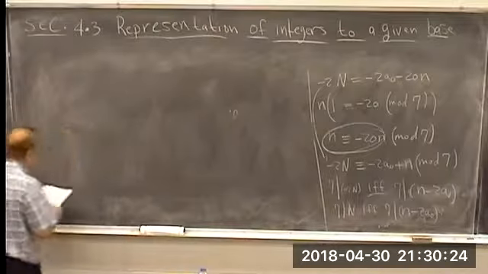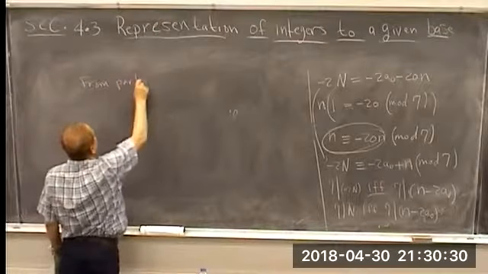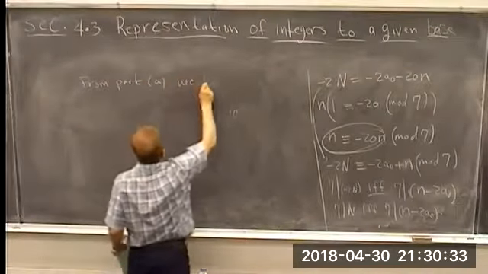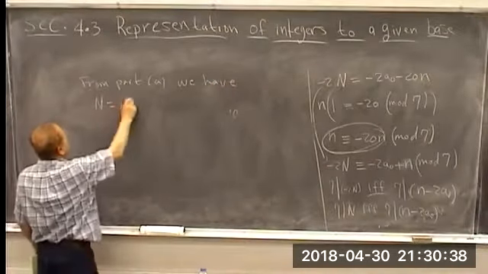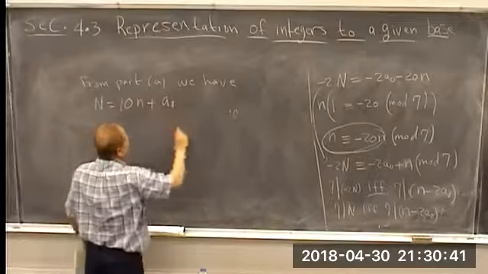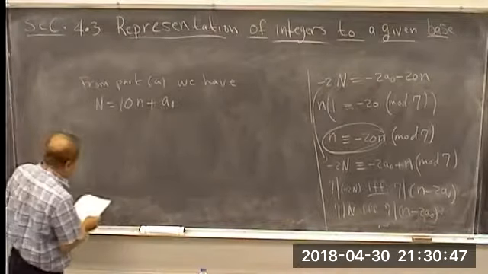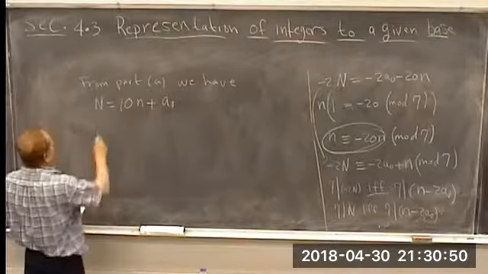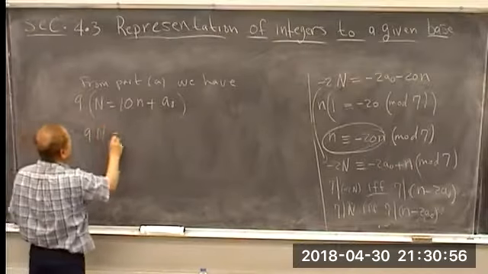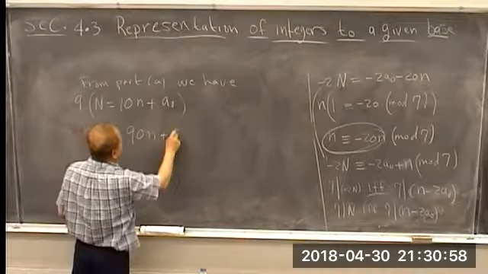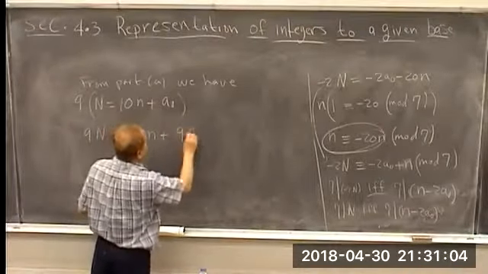So from part A, we have n is equal to 10 little n plus a_0. Now this is the congruence that I will actually need in here. So I want to multiply this by 9. This is 90n plus 9a_0.